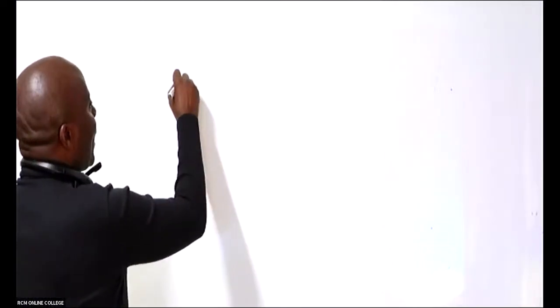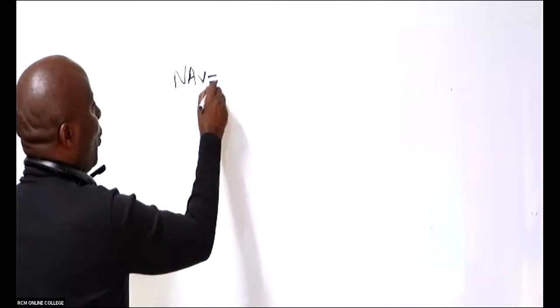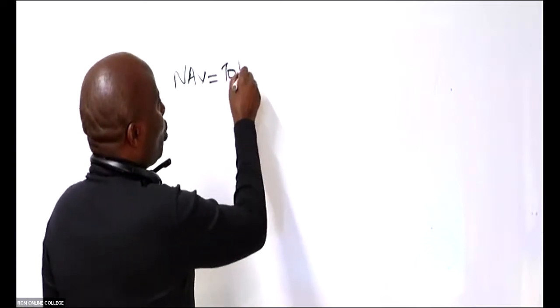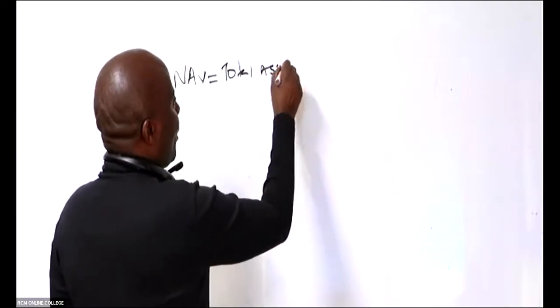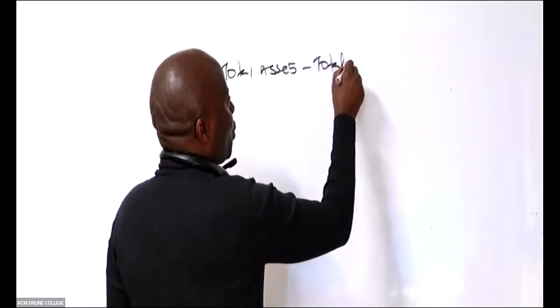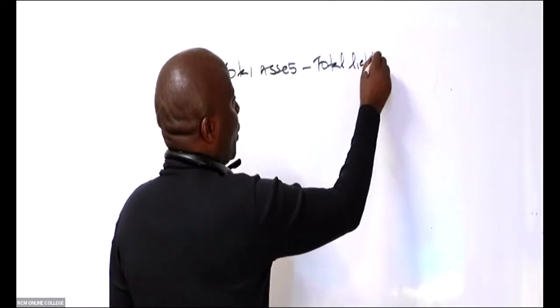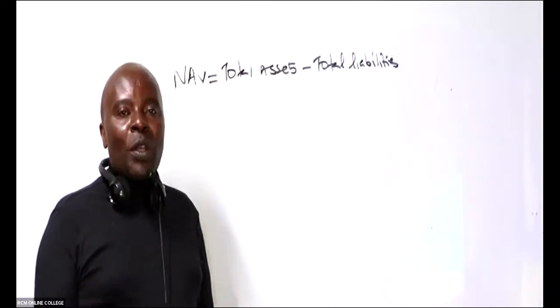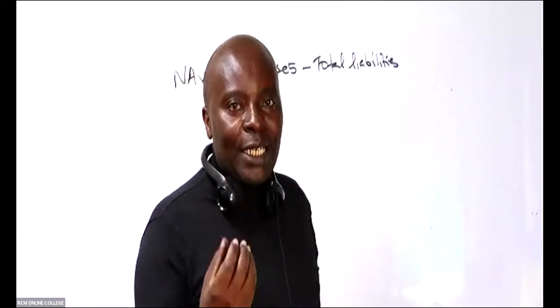Please allow me to remind you, great students of mine, whenever we talk of net asset value, we are looking at total assets minus, ladies and gentlemen, total liabilities. So basically, we are looking at a situation where the firm will be valued at the equity.